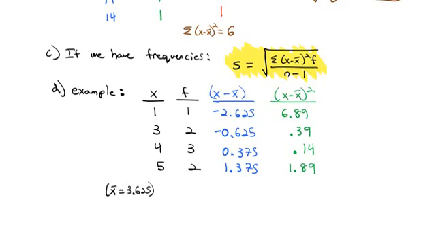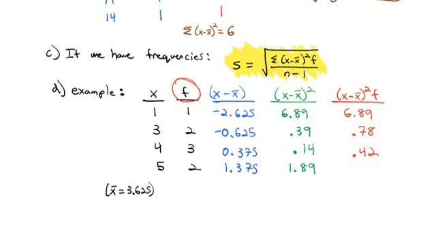Now, if we didn't have frequencies, we would just add this column up. But because we have frequencies, we need to take the x minus x bar squared column and multiply by those frequencies. So the 6.89 is multiplied by 1 to get 6.89. The 0.39 is multiplied by its frequency of 2 to get 0.78. 0.14 times 3 is 0.42.